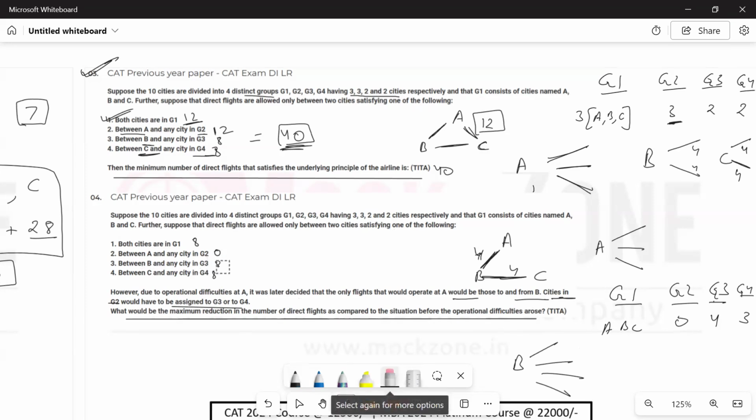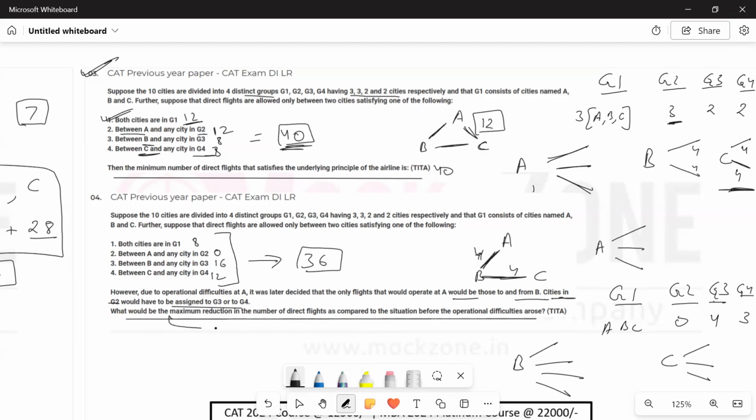So instead of 8, it will become 16. And C and any city in G4: instead of 2 initially, now C is connected to 3 cities, which gives us 12 flights instead of 8. So what is the total number of flights? 8 plus 0 plus 16 plus 12, which is 36.